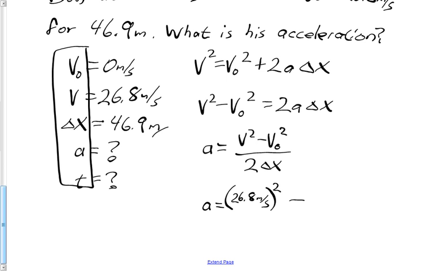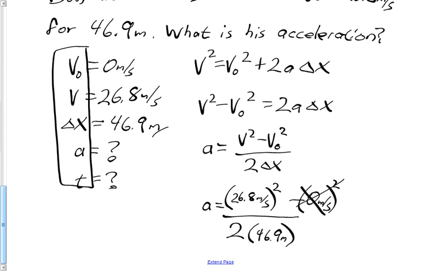Minus 0 meters per second, and that's squared, but that's really not going to be of much use to me. Divided by 2 times the 46.9 meters. And I'm just taking a step back, making sure that I put squares in where I need to and didn't leave anything out.